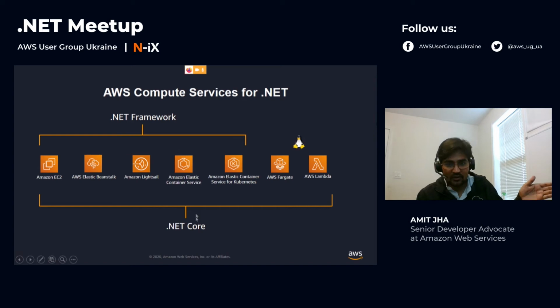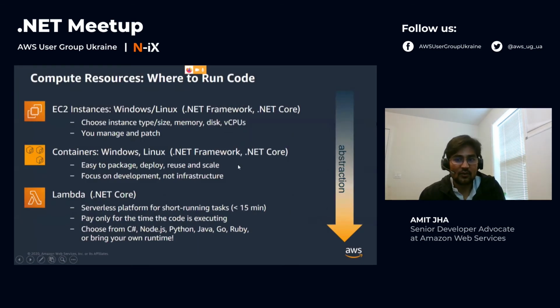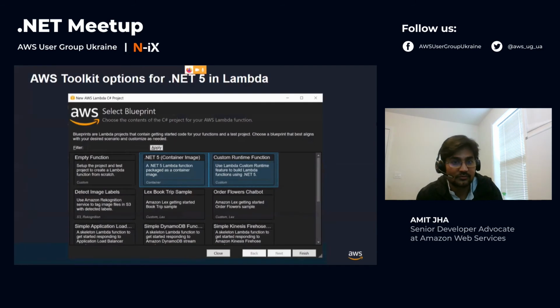Changing from .NET Framework to .NET Core will enable you to target Fargate, which is serverless containers, and Lambda, serverless functions. The key here is level of abstraction and amount of work. Here, I have to manage the underlying VM, the patching, updates, and all that. Here, all I have to do is give the function. So you can see the difference in the amount of operations work that you will have to do.